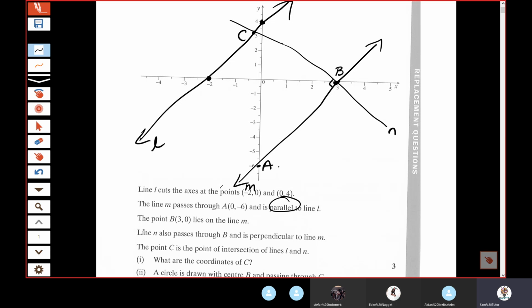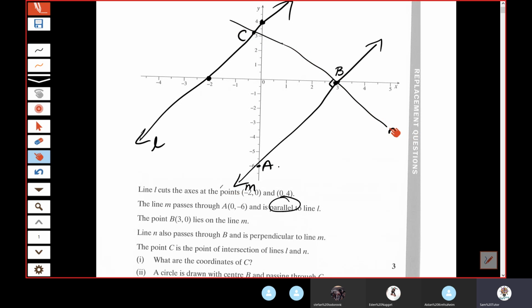All right. Now, i. What are the coordinates of C? So you have to know what to do. You've got to know pretty much what it has guided you to do. To me, it's telling me I need to find the gradient of line M, because once I know the gradient of line M, I can work out the gradient of line N because it's perpendicular.